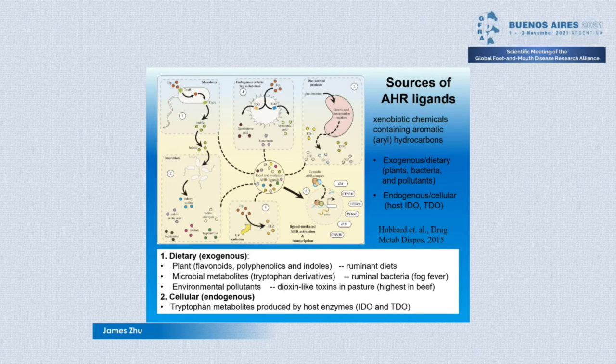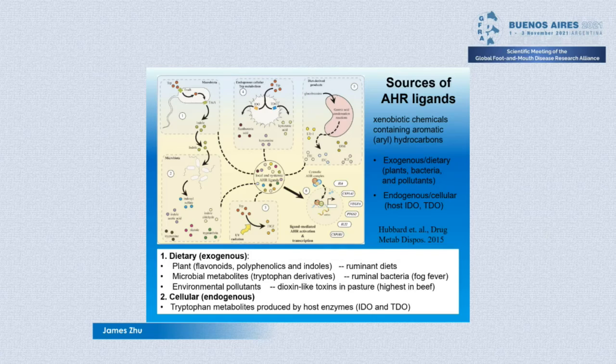AHR ligands are xenobiotic chemicals containing aromatic hydrocarbons. There are two sources of AHR ligands, dietary and cellular.